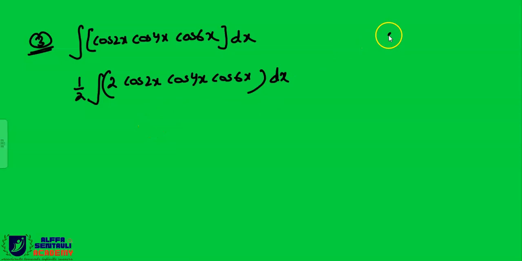Now what can we do? We know the formula of 2 cos A cos B, because only cos terms are there. Right, beta? So this is in the form 2 cos A cos B. It can be written as cos(A minus B) plus cos(A plus B).